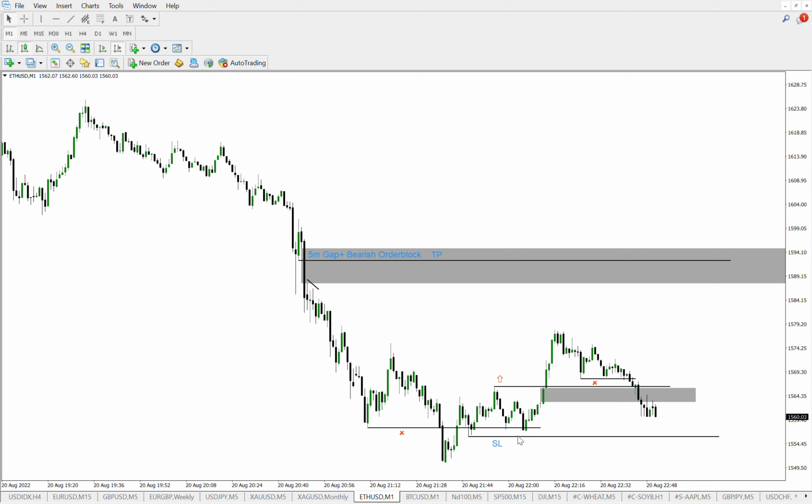Here price goes, it's going to expand lower to the downside, and we're going to get stopped. Boom. And that would be it.